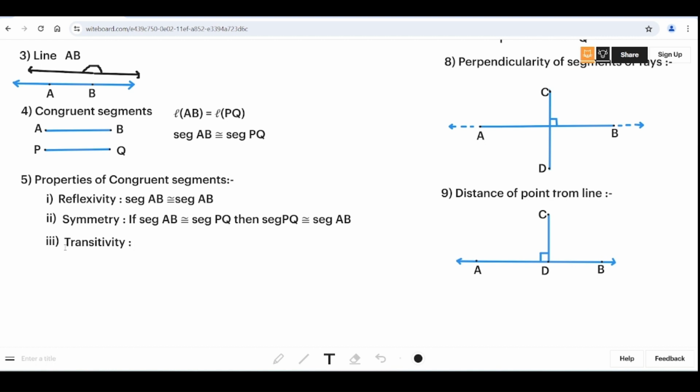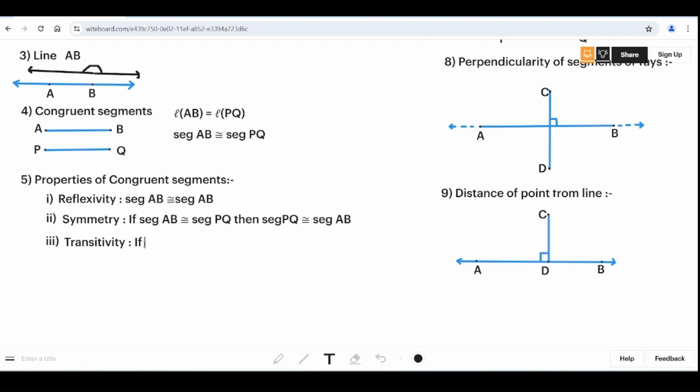Now in this, we are having three segments like AB, PQ and EF. If we are saying segment AB is congruent to the second segment PQ and PQ is congruent to the third segment EF, then we can say segment AB is congruent to the third segment, that is EF.